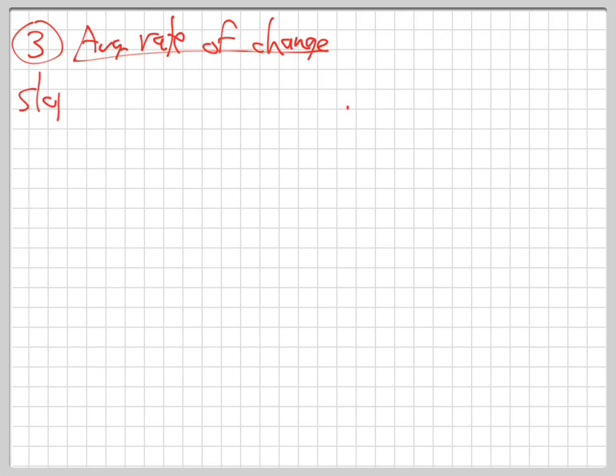Because that was not simple. So number 3 says, again, average rate of change. When you see the words average rate of change, you think slope. That's what slope is. It's how fast something is changing. So what is it going to be? y2 minus y1 over x2 minus x1.